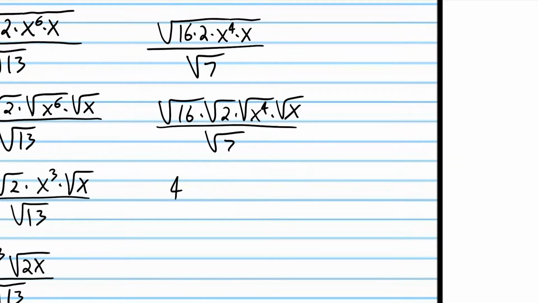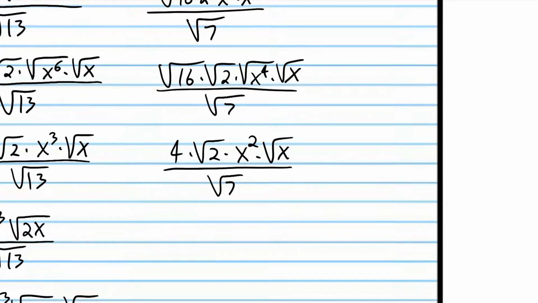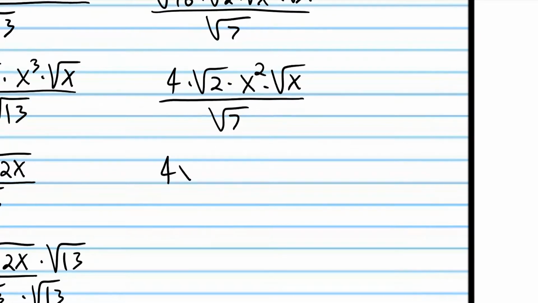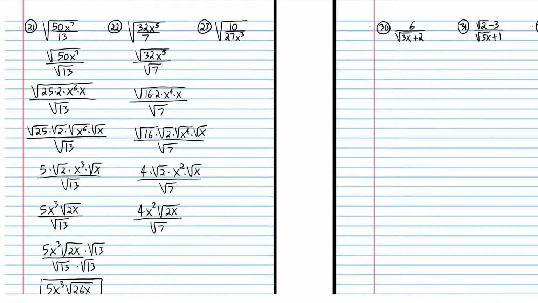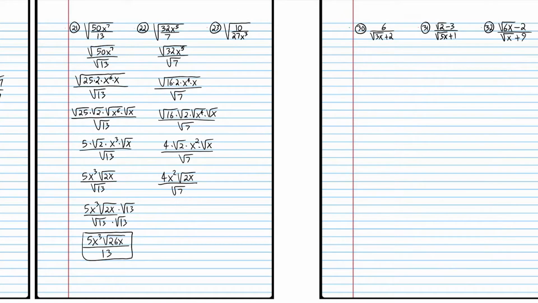And root 16 is 4. Root x to the 4th is x squared. Then we have all the numbers outside of the root, put them together, and then all the numbers inside of the root, put them together. So we pulled out the perfect square factor in the numerator.